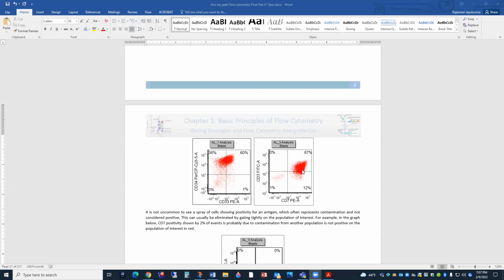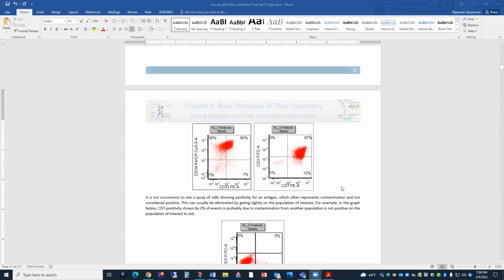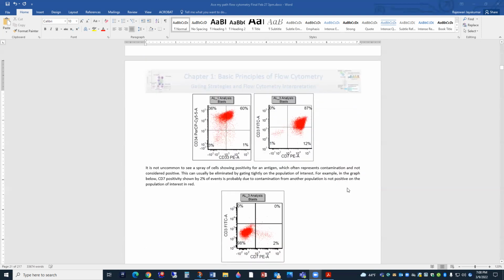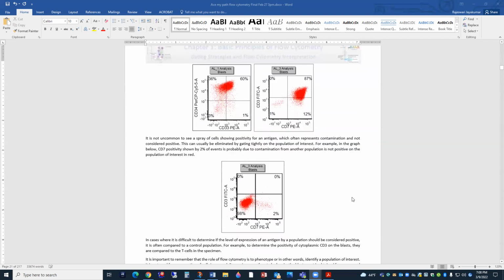Here it is moderately positive. So that's what moderate or bright means. And if the majority of CD3 is here with only 25-30% crossing the positivity line, then we'll call it dim positive. That's the meaning of bright, dim, moderate.